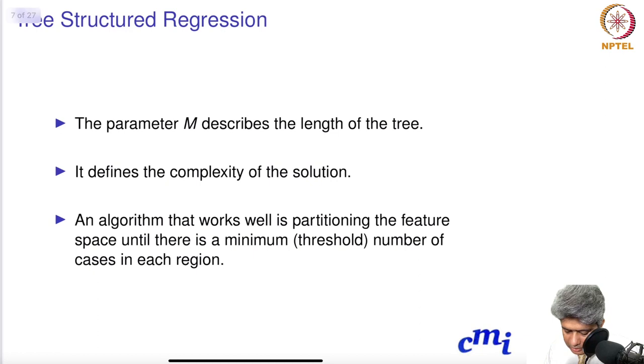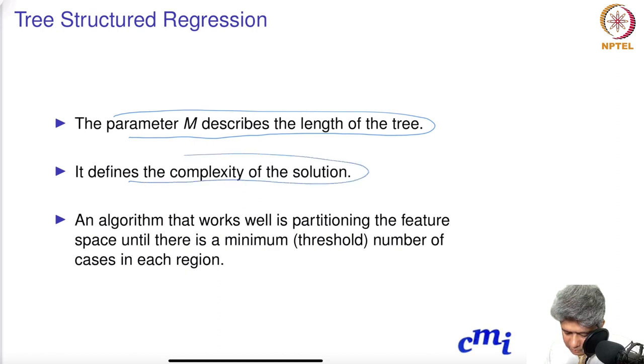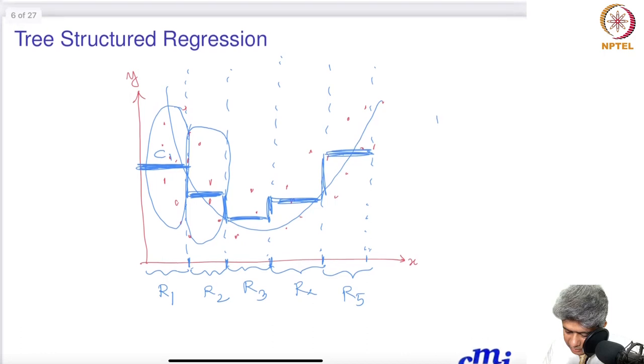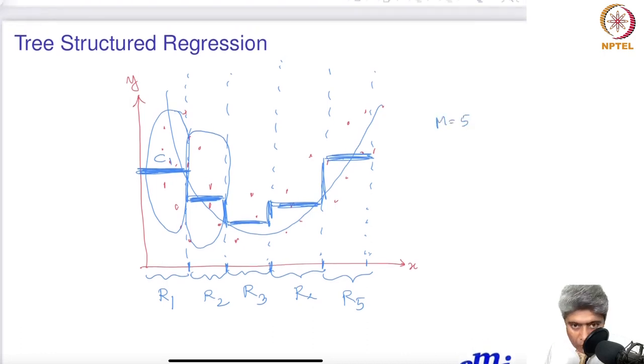Here the parameter m describes the size of the tree. This defines the complexity of the solution, and it is very important. Here I have taken m equal to 5. If you choose a different m, the fit could be bigger or smaller, or smoother. The smoothness will depend on the value of m.